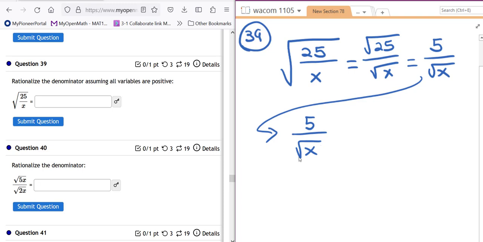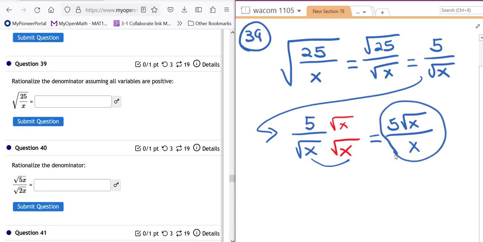If I multiply by a square root of x, that will give me a perfect square there, and I'll have no more radical. Whatever you do to the denominator, you have to do the same thing to the numerator. And so these will give us just x, and this will be 5 times the square root of x. All right, let's check that.